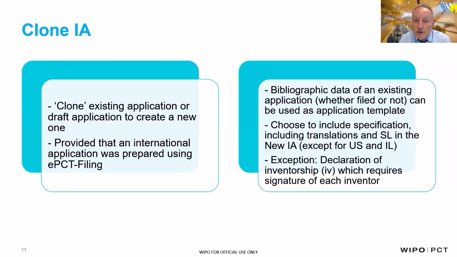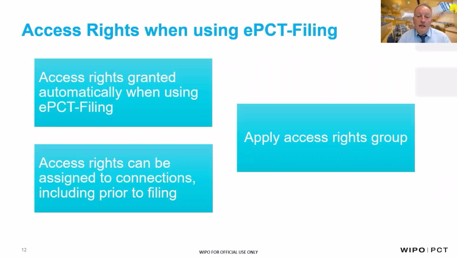In ePCT, it's also possible to assign access rights at the time of creating a new draft application. For sure, the person, the paralegal or the patent attorney who will create the new draft application will be the default e-owner of the draft application.